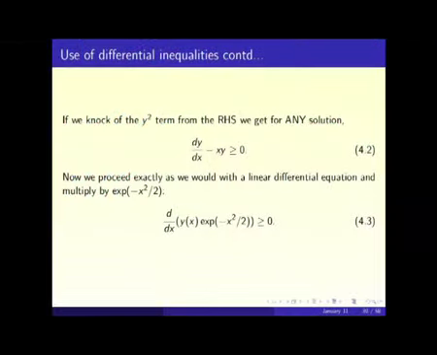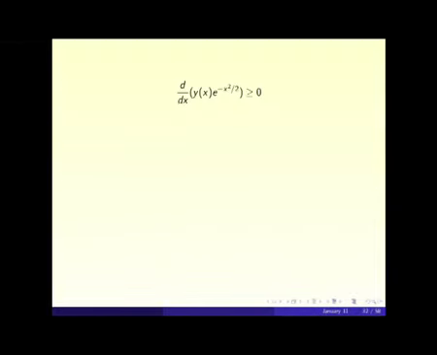When you integrate a derivative, you use the fundamental theorem of calculus. So you got d/dx of y(x) e to the power minus x squared by 2 greater than or equal to 0. So the integral from 0 to x of d/dt of y(t) e to the power minus t squared by 2 dt is greater than or equal to 0.